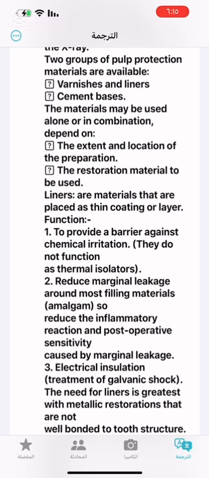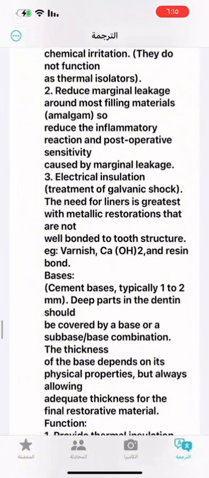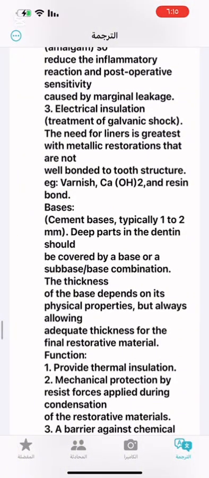Reduce marginal leakage around most filling materials, such as amalgam, so reduce the inflammatory reaction and postoperative sensitivity caused by marginal leakage. 3. Electrical insulation, treatment of galvanic shock. The need for liners is greatest with metallic restorations that are not well bonded to tooth structure.